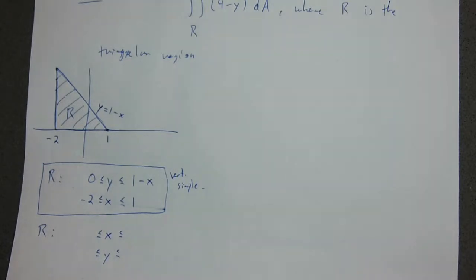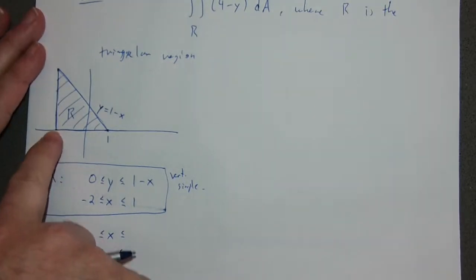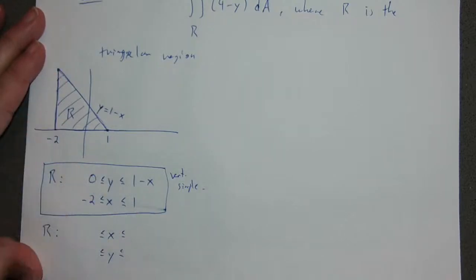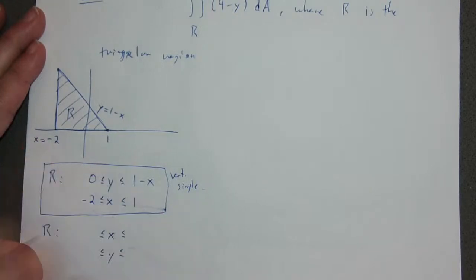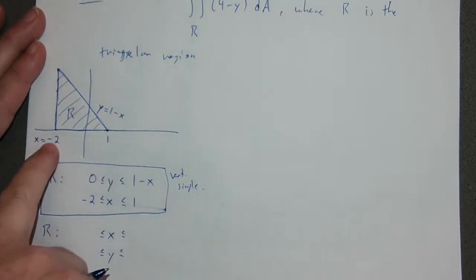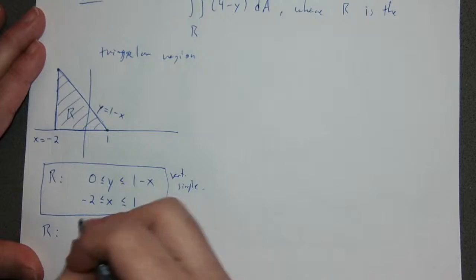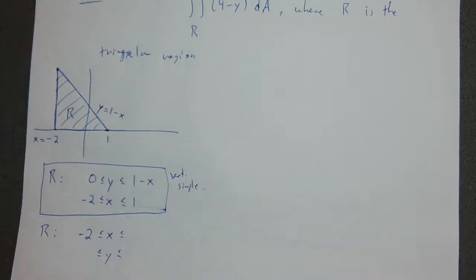So what are my bounding functions on x? I have my left function, which is a function of y, right? That is just the constant function -2. Okay, so remember, a vertical line is not a function of x, but it is a function of y.